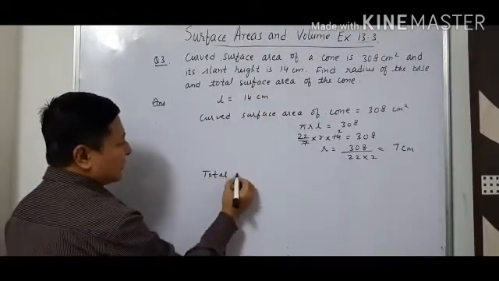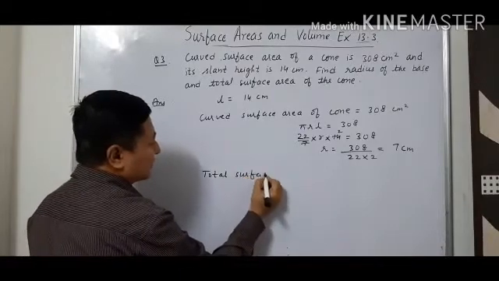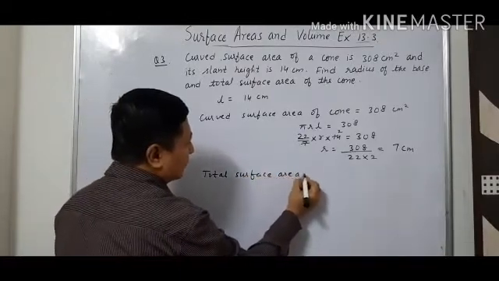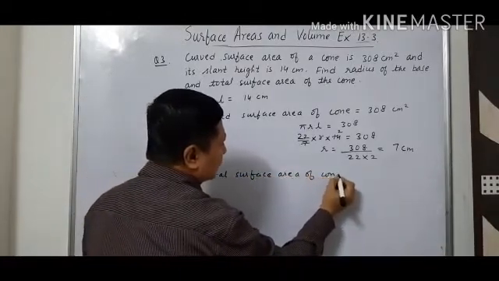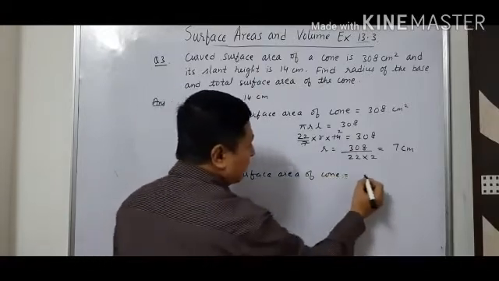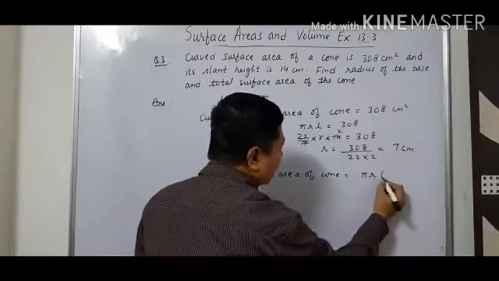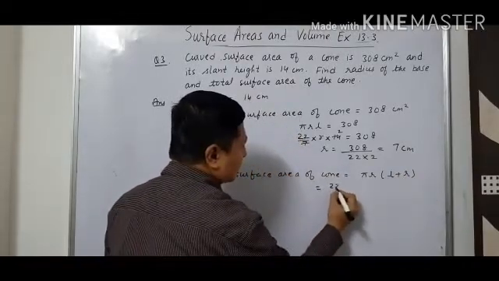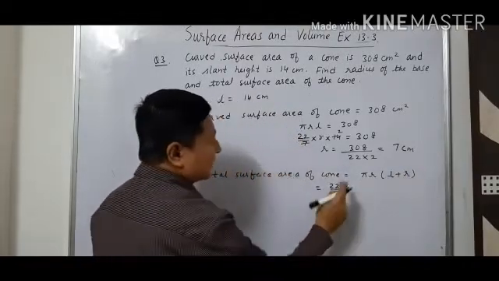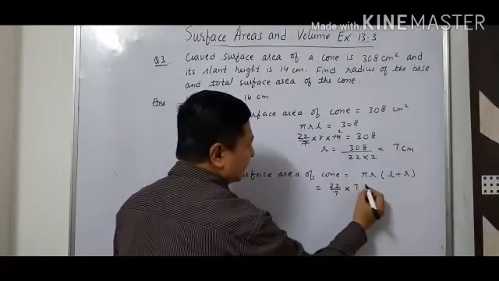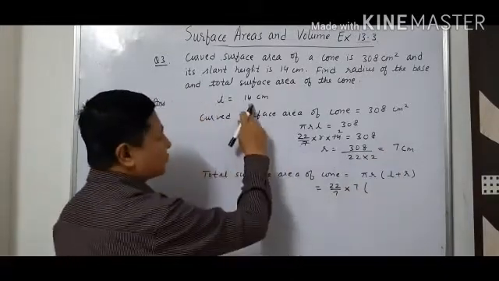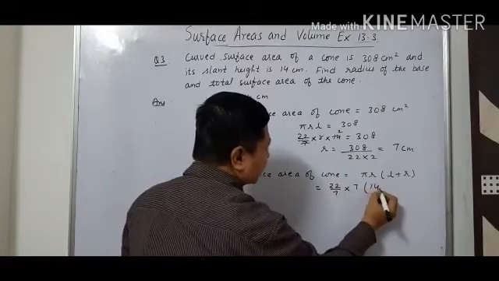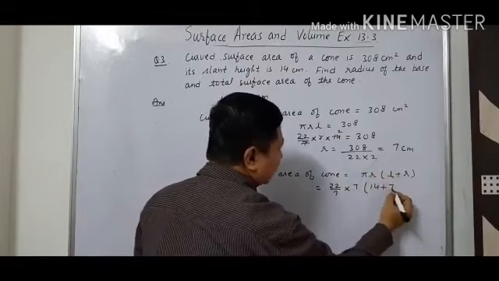Now we have to find the total surface area of cone. As we know, the formula of total surface area of cone is pi r (L plus r). Now pi again 22 upon 7, r is 7 centimeter that we have calculated, L is given in the question 14, plus r that is again 7.